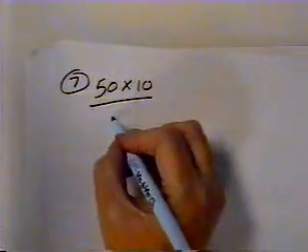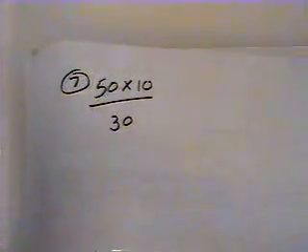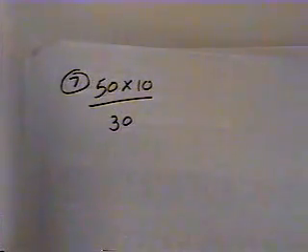But this time we're dividing by 30 minutes because we're not going to give it a whole hour. If you're not giving it for at least an hour, you can't give milliliters per hour. We divide by the number of minutes.